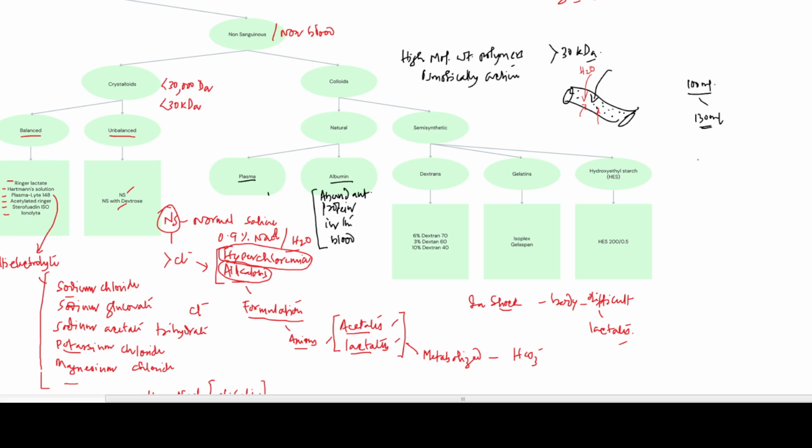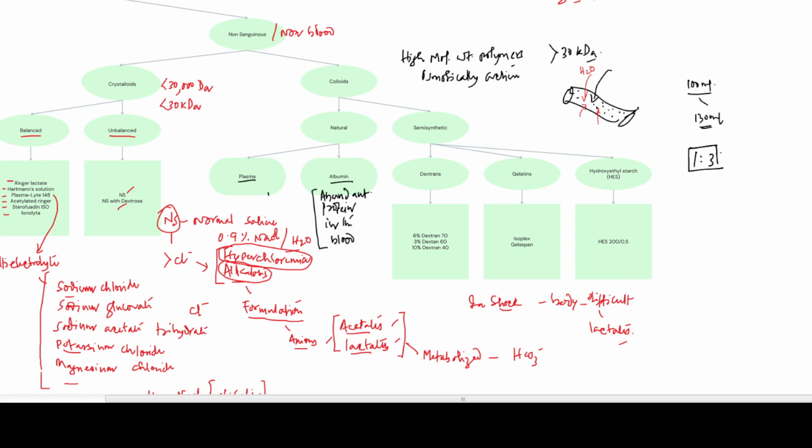Which means that if you give, say, 100 ml of the colloidal solution, you need to give at least 300 ml of crystalloid. Okay, so that's 1:3.